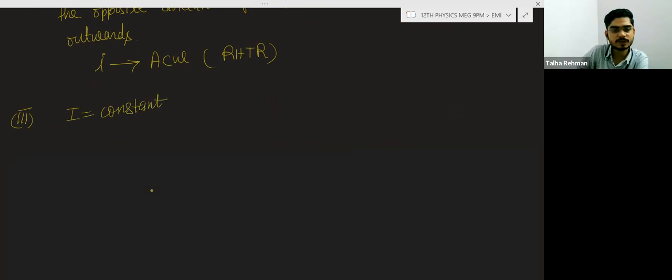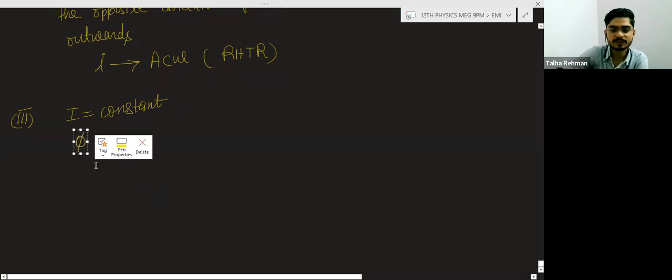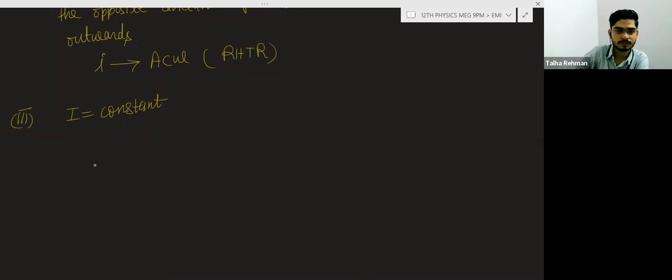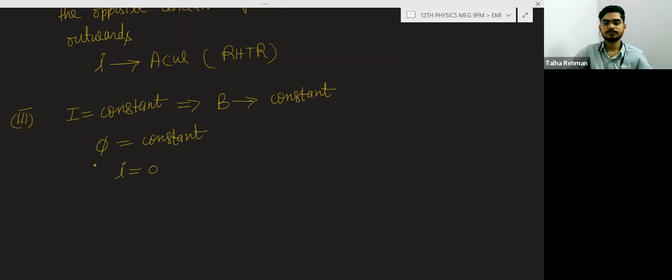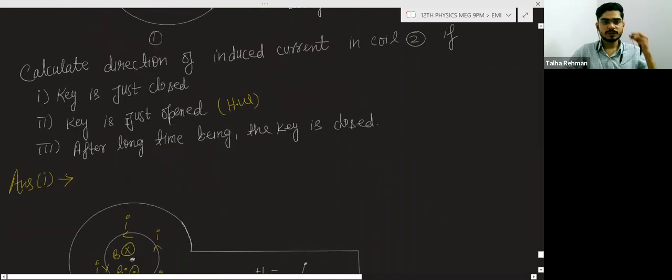If the current is constant, then the magnetic field will be constant. If the magnetic field is constant, then phi will be constant. If phi is constant, then the induced current in the coil number 2 will be 0. Okay, note down this.